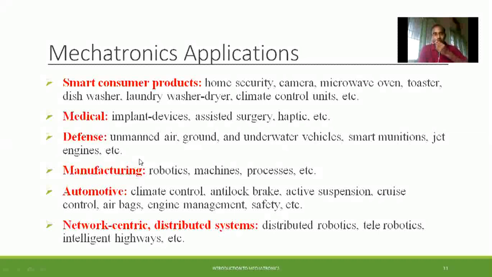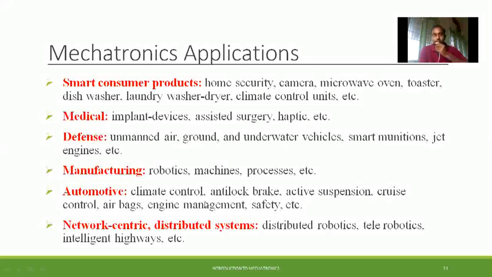So life will be minimally and maximally contained in the utilization of these robots, which are electronic. And manufacturing robots, machines, different kinds of processes: milling, reaming, boring, etc. Automotive parts, automatic climate control.